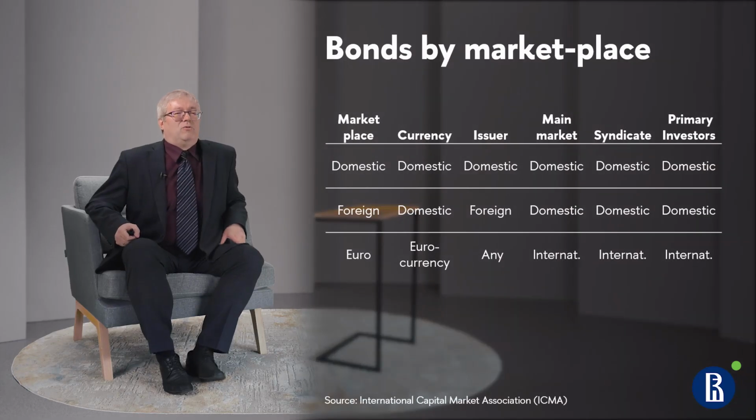And before we move to the treasury markets, a few words about bonds issued in foreign currency. The world bond market is divided into two parts: domestic bonds, issued in local currency and regulated by national law, and international bonds, issued in foreign currency.